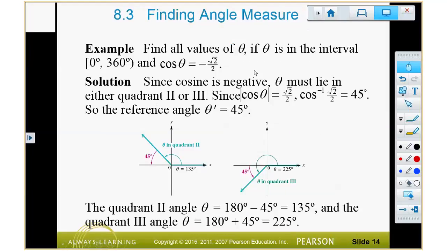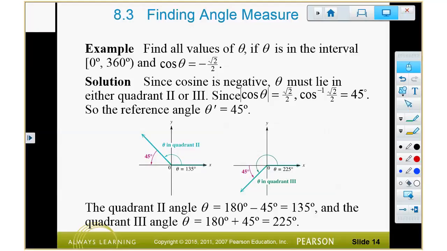Now these are the questions that get students confused. If you followed what I've talked about, then you shouldn't be confused. Read the directions. It says find all values of theta if theta is in the interval from 0 to what? So that means all quadrants are in effect, right?